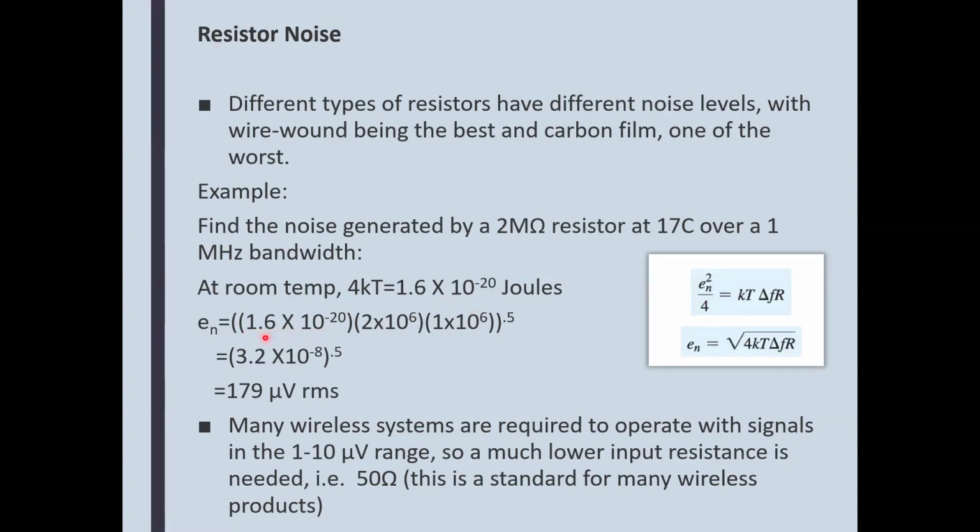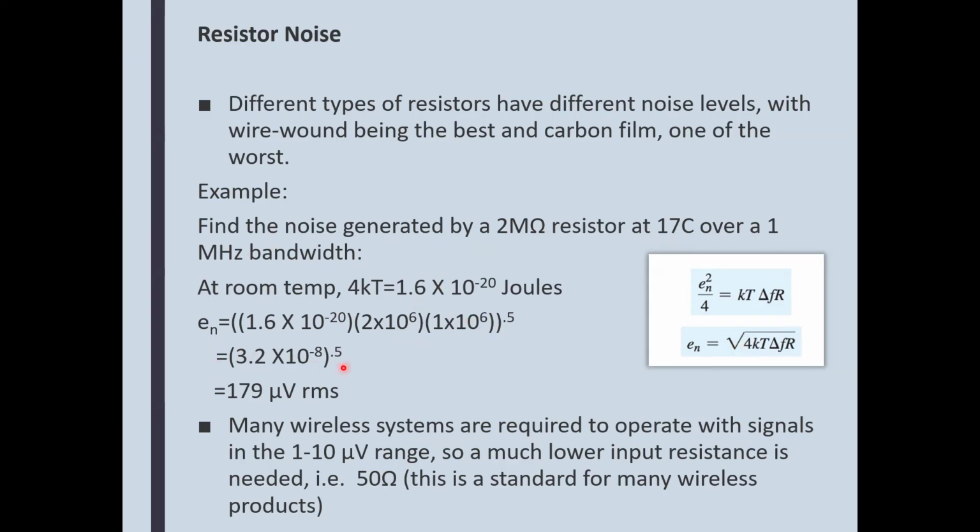That's the 4kT right here. The only thing left is to multiply by R and the frequency range we're dealing with: the 2 mega ohm resistor and the 1 megahertz bandwidth.